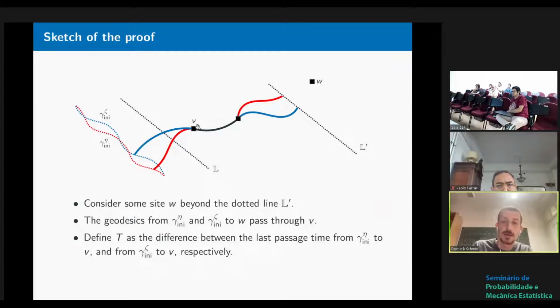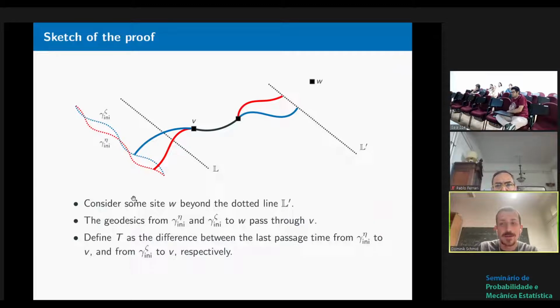V. Now the entire evolution of the process once it reached above this line L prime will only depend on whatever is the geodesic to the side V. So it will depend on the initial conditions only through this time difference t, but not on the initial conditions themselves.